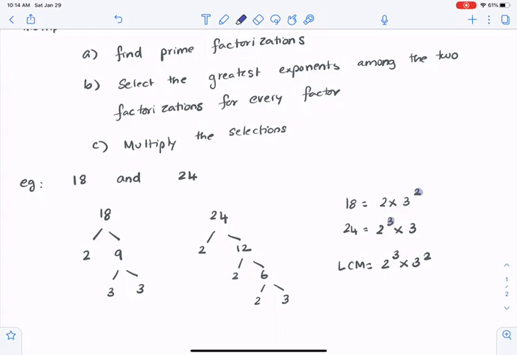If they are equal, we can pick the value that is common to both exponents. So I end up getting 8 times 9, which is 72. So the multiple that you can find in common between the two is 72.